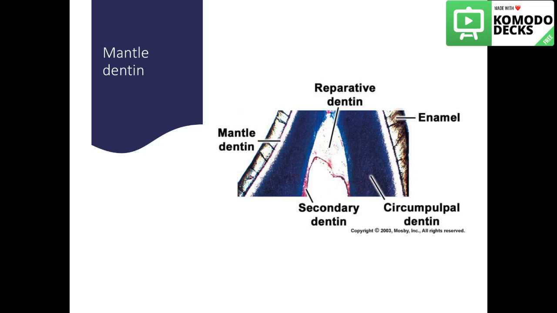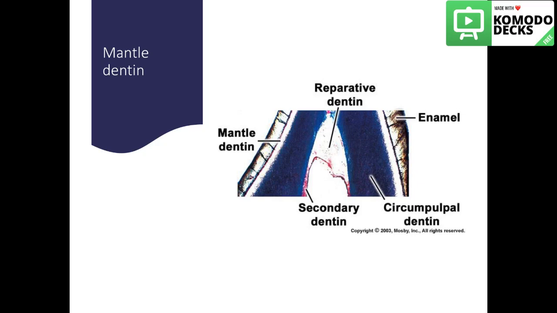It is 5% less mineralized, and the collagen fibers in it are perpendicular to the dentino-enamel junction. In this area, we see the branching of the terminals of the dentinal tubules, and it has a different mineralization process you will take in the dentinogenesis lecture.